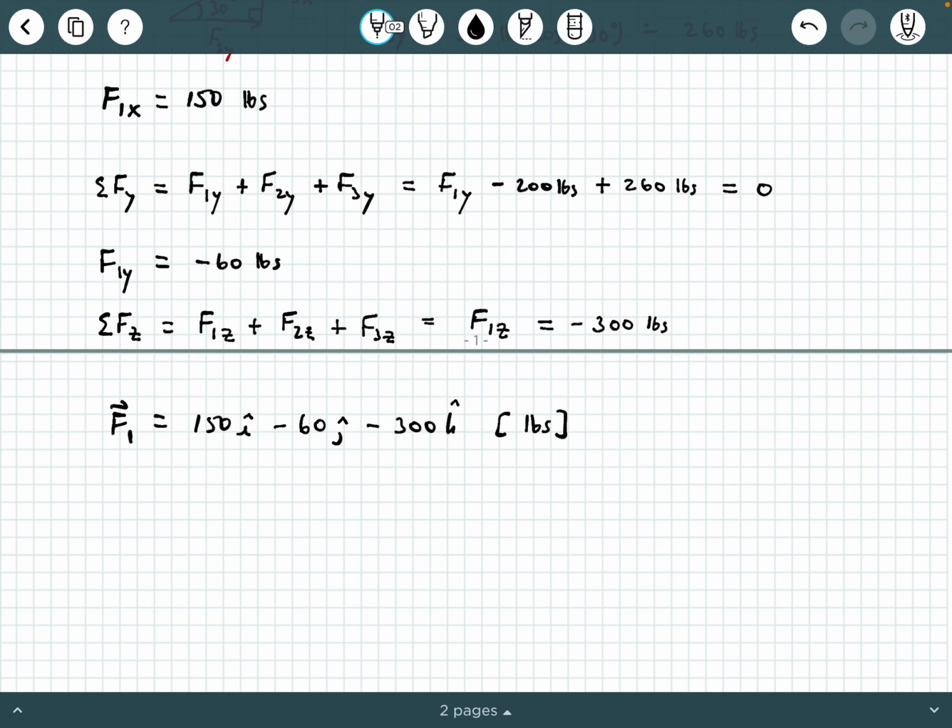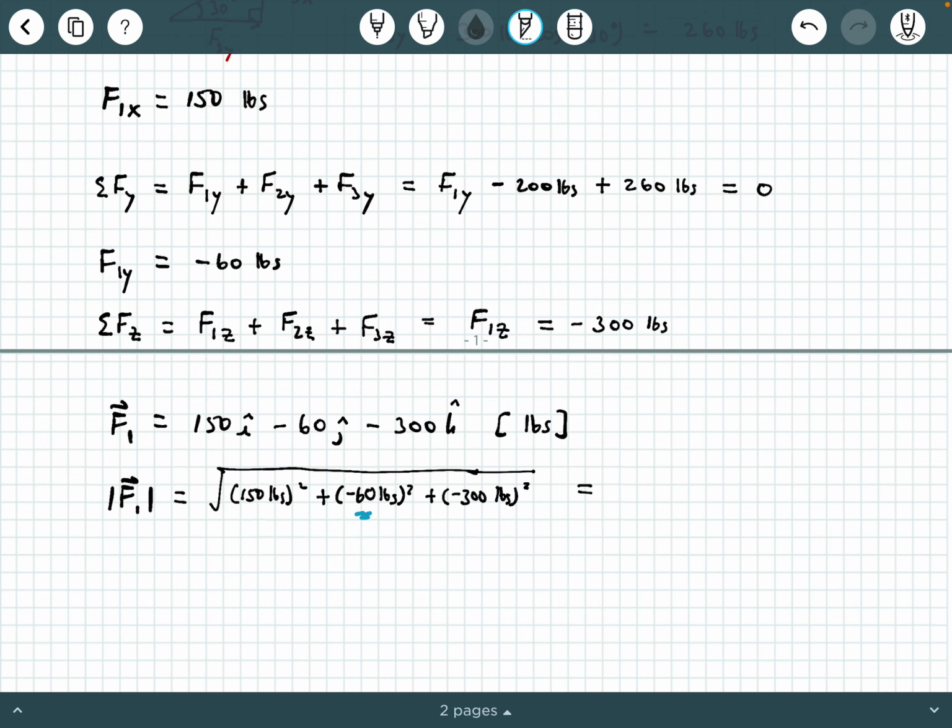The problem asks for the magnitude of F1. So I'm going to use the Pythagorean theorem to calculate the magnitude of F1. I'm just going to say that's the square root of 150 pounds squared plus negative 60 pounds squared plus negative 300 pounds squared, and then I'm going to square root all of that together. Be careful with your calculator punching, and remember, you're squaring these negatives as well.